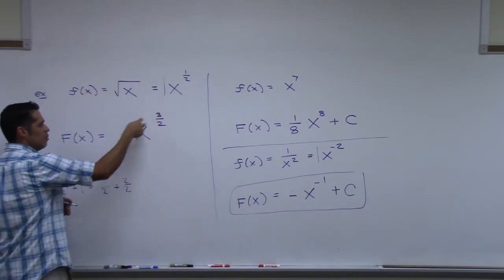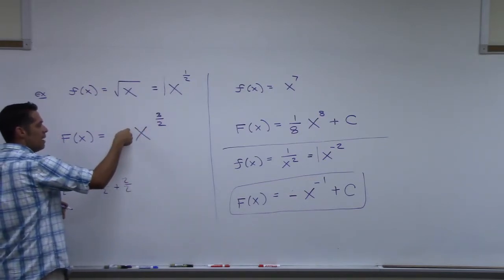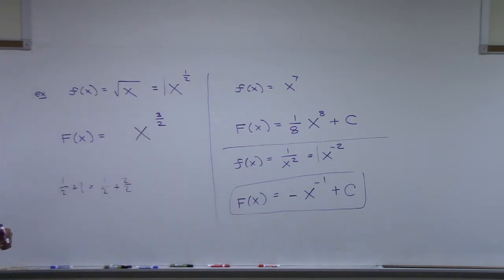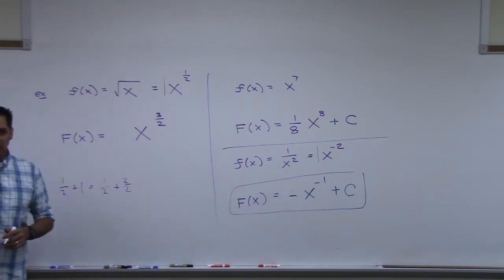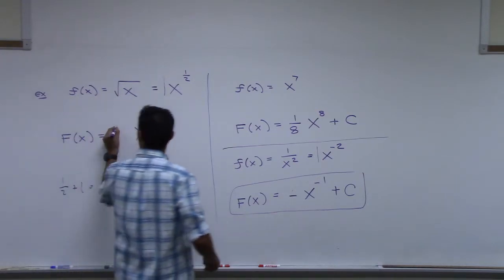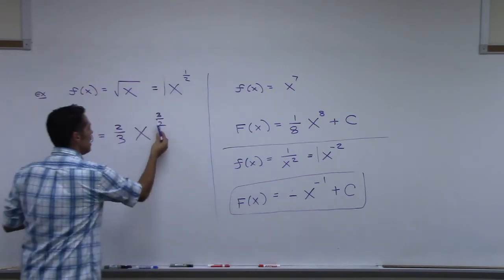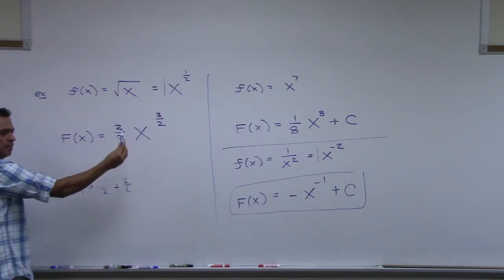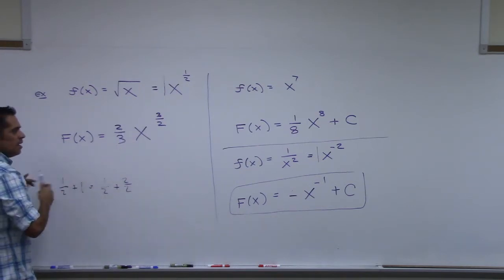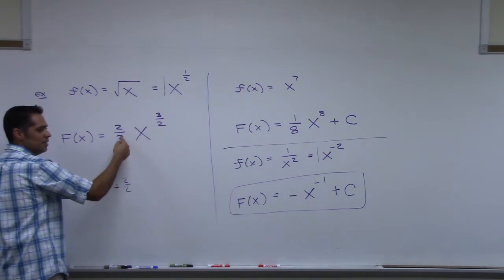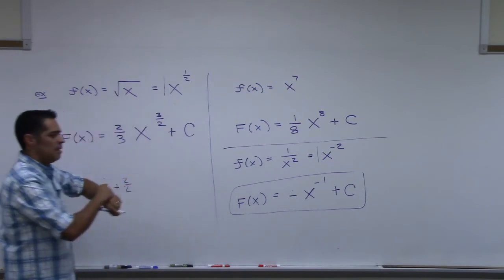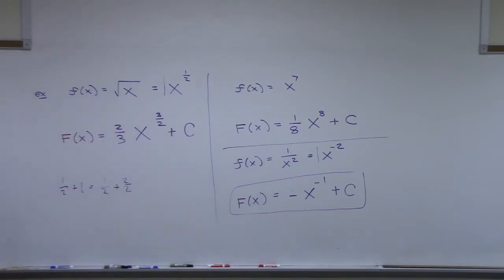What do you have to multiply it by to make the 3's go away and the 2's go away on the bottom? 2/3. Just flip the fraction over. If I put 2/3 out here, then when I bring this out, it'll become 6 over 6, won't it? And that'll become 1. So I put the reciprocal out here, and then I say plus c. Yeah, okay.